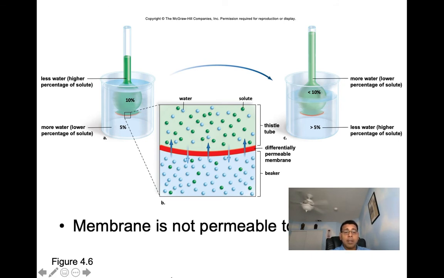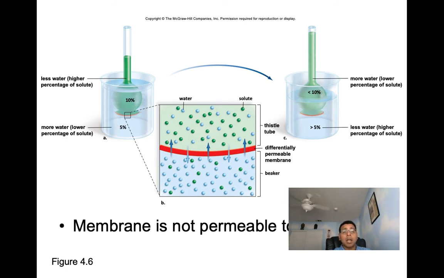So the membrane is selectively permeable. It's not permeable to the dye, to the solutes. It is permeable to the water though. So water moves across. Why is water moving across?